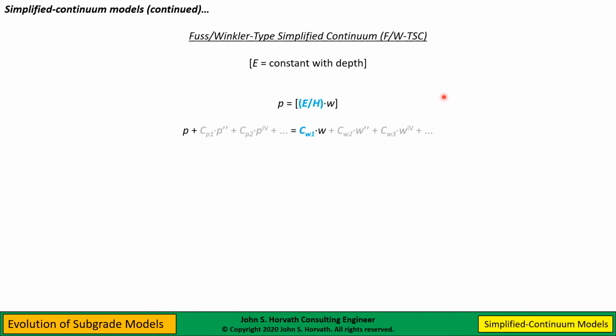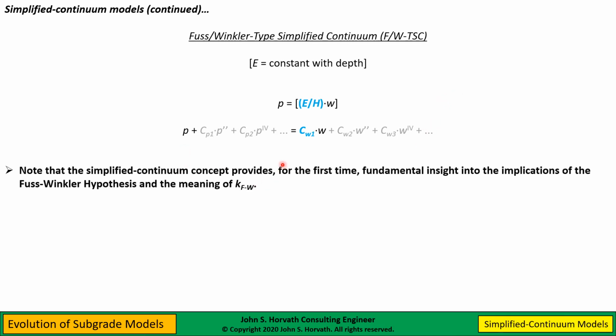Fusswinkler hypothesis. And this is really interesting because if you think about it, for the first time, what the simplified continuum concept provides is really fundamental insight into the implication of the Fusswinkler hypothesis, that is, springs without any coupling, and the meaning of this mythical coefficient of subgrade reaction that we've been chasing after for decades.